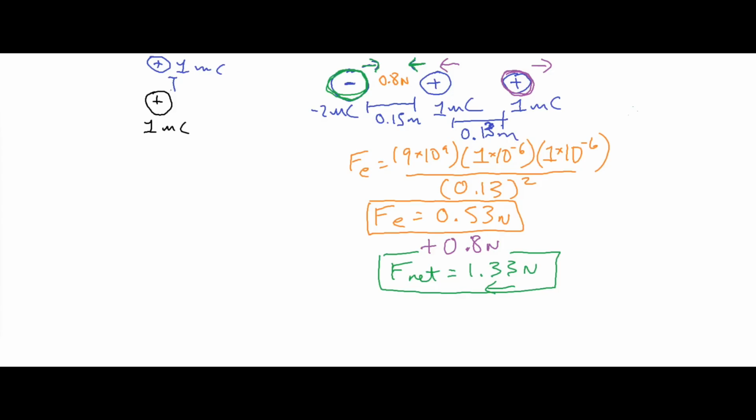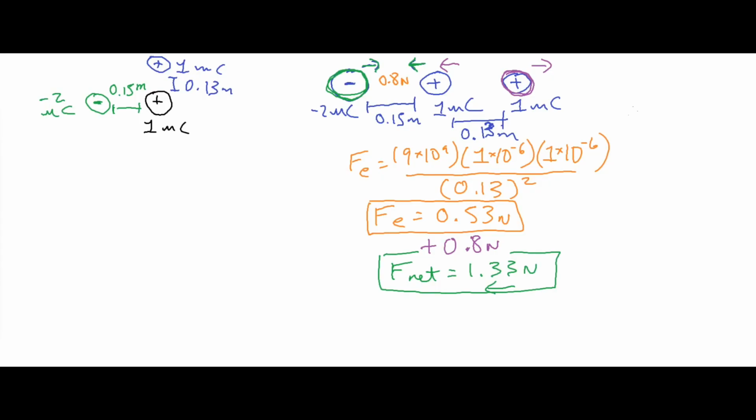We'll say it's still 0.13 meters, and our negative charge is still over here at 0.15 meters. I took all the same distances and charges to save ourselves a little bit of time. This one is still -2 microcoulombs.